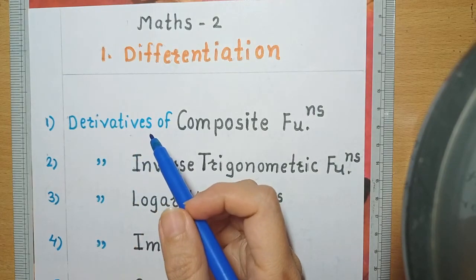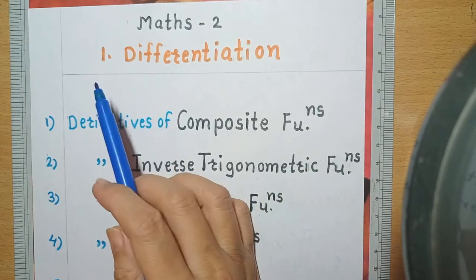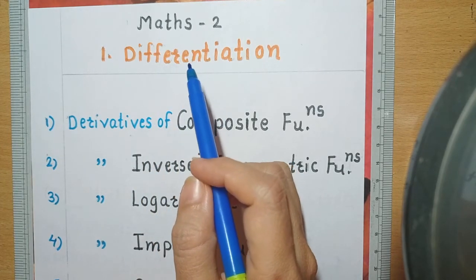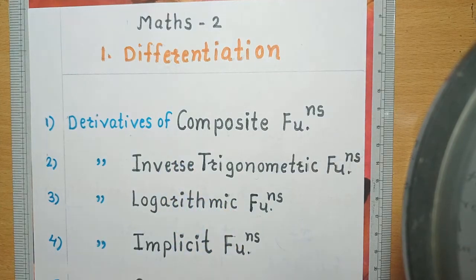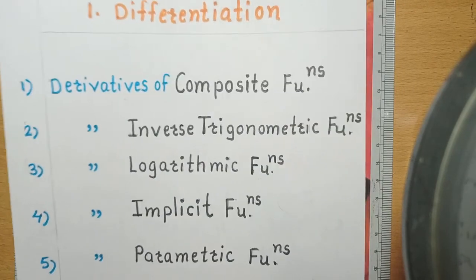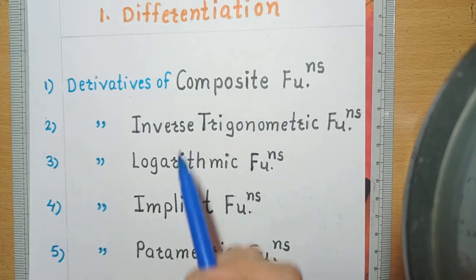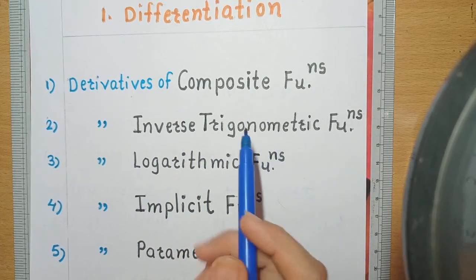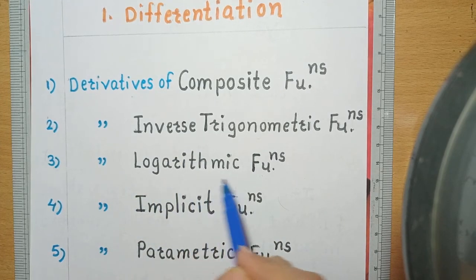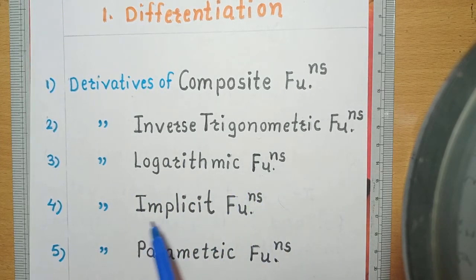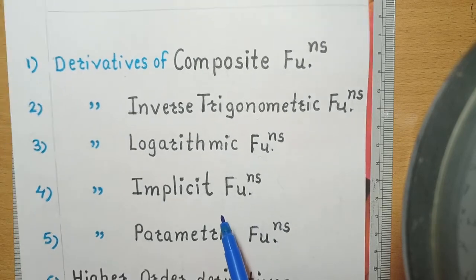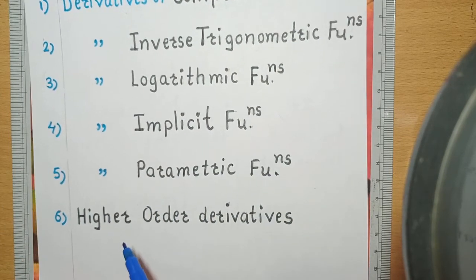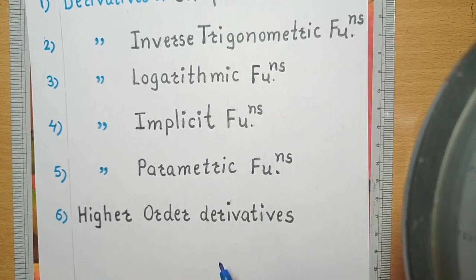Hi students, today we are going to start our first chapter from maths, differentiation, and we are going to study these points. First point is derivatives of composite function, second derivatives of inverse trigonometric functions, derivatives of logarithmic functions, derivatives of implicit function, derivatives of parametric functions, and last one higher order derivatives.